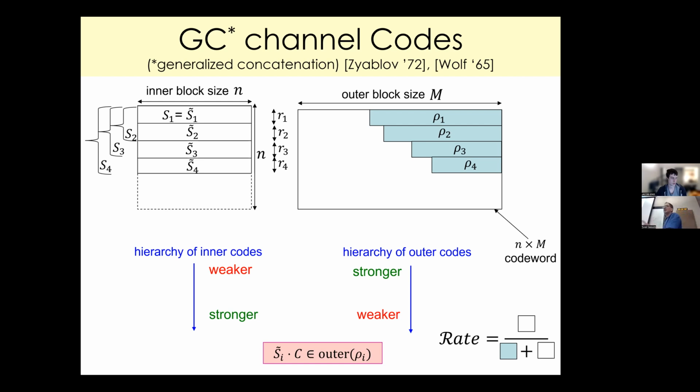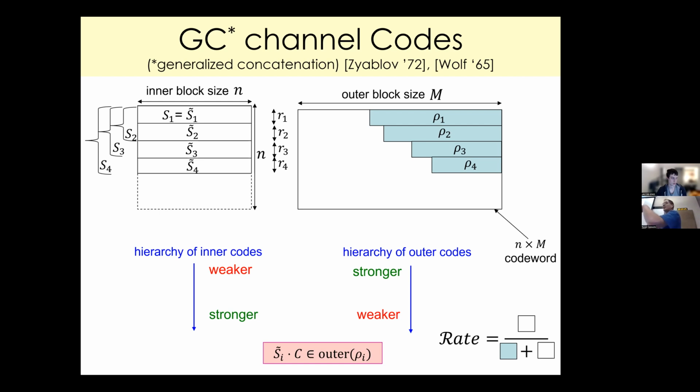And the way it's used in practice is we do a hierarchy where the inner codes become stronger, right? When you add more slices, the inner code becomes stronger. But notice that at the same time, the outer code becomes weaker. And if we organize it nicely, we get a code with a high minimum distance, because the minimum distance would be the minimum of the product.